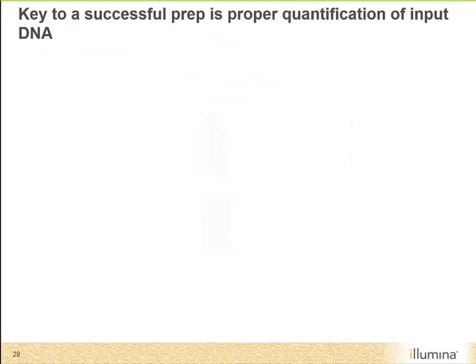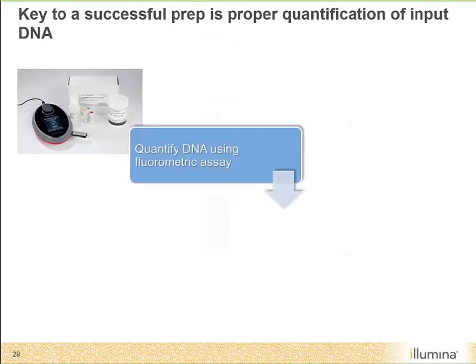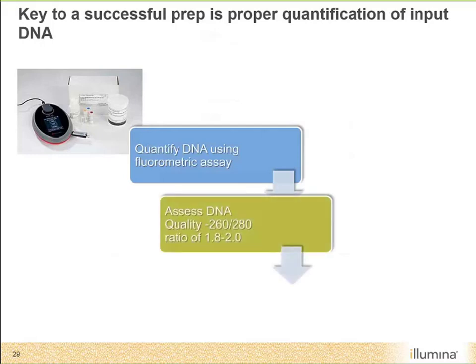Like I mentioned, one big key component of a successful prep is proper quantification of the input DNA. We recommend a fluorometric-based method to quantify the DNA, like I mentioned earlier, either Qubit or PicoGreen. And we want to make sure that we assess the DNA quality. You can measure 260/280 using a NanoDrop, and the ratio should be between 1.8 and 2.